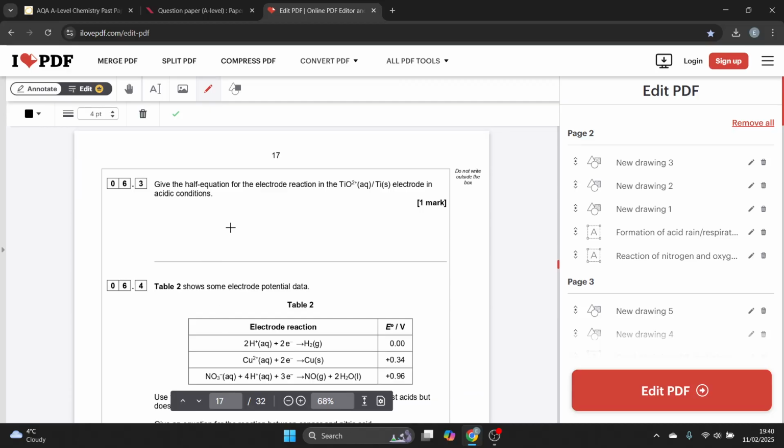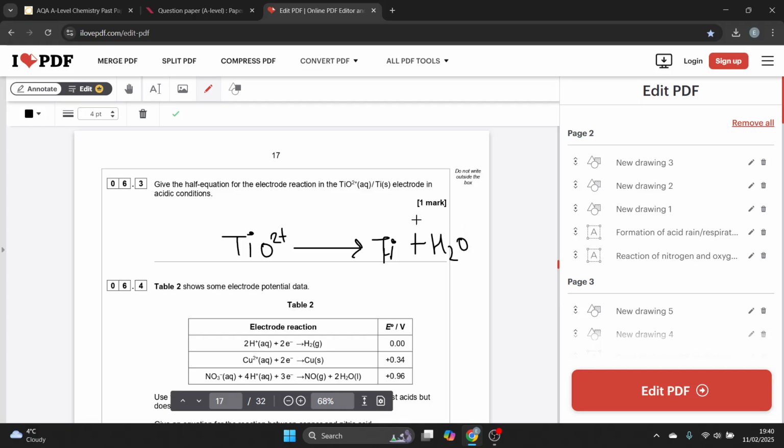Give a half equation for the electrode in this. TiO2 plus, looks like TiO2 plus to Ti solid, right? And so first thing I would be like, okay, I've got oxygen on the left hand side, so I need to add a water molecule here.